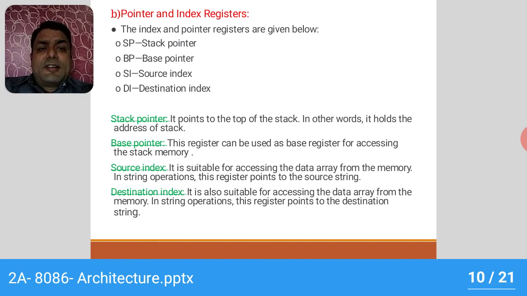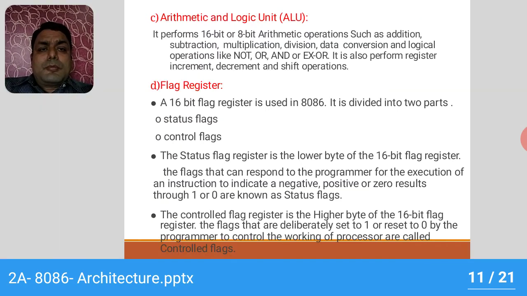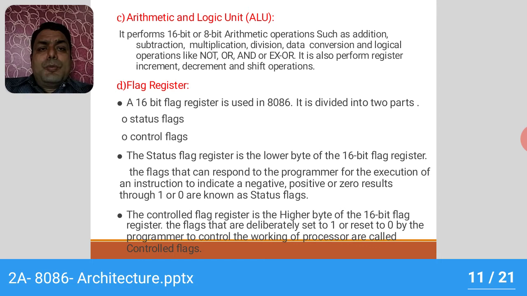Pointers and index registers: the index and pointer registers are stack pointer, base pointer, source index, destination index. Then the ALU, arithmetic and logical unit, performs 16-bit or 8-bit arithmetic operations like addition, subtraction, multiplication, division, or any logical operations.